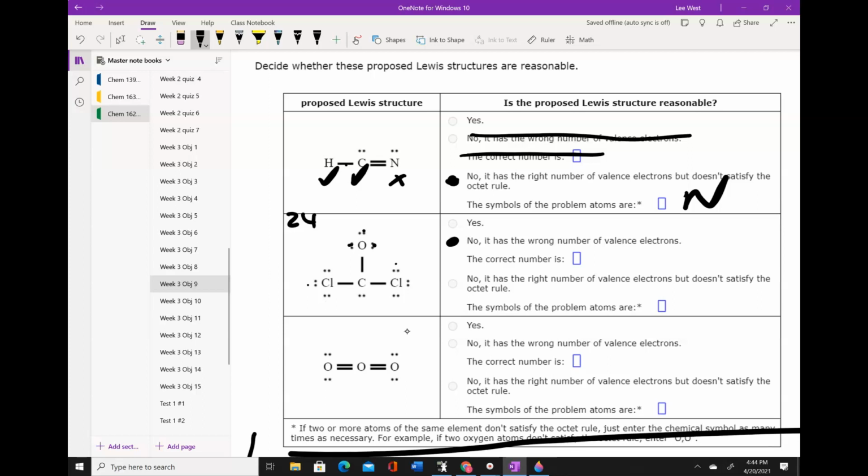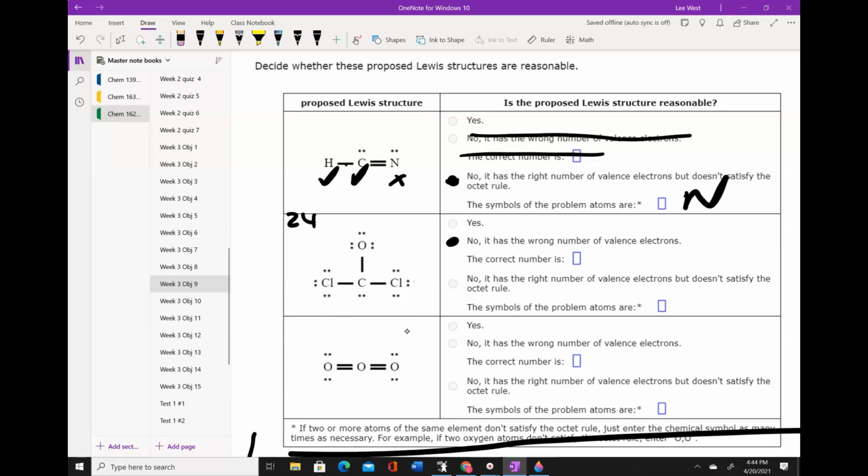2, 4, 6, 8, 10, 12, 14, 16, 18, 20, 22, 24, 26. So it looks like we got that correct, all right? Okay. We could do it one more time if we wanted to.